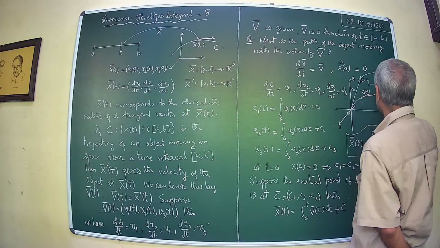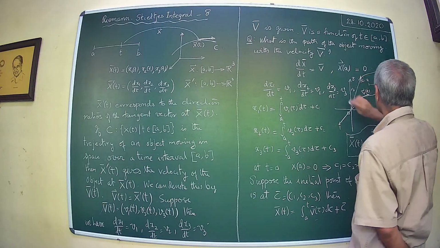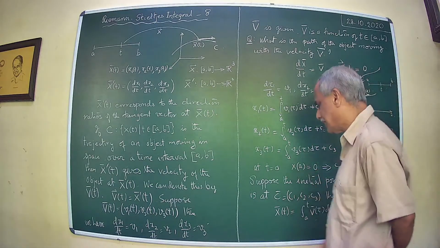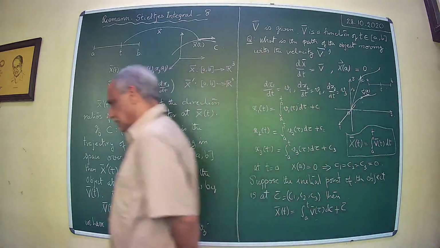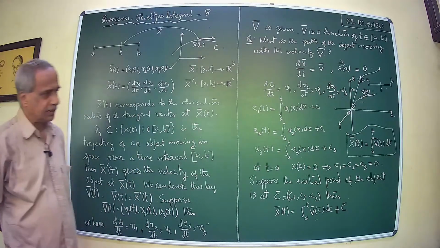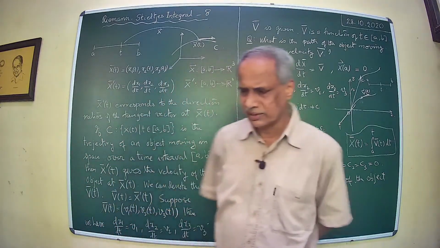The initial path is something like this. It is completely translated. Okay, so that's the geometric as well as physical interpretation of that path.